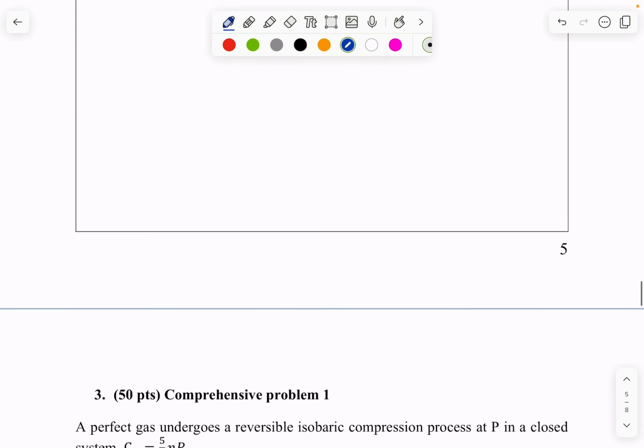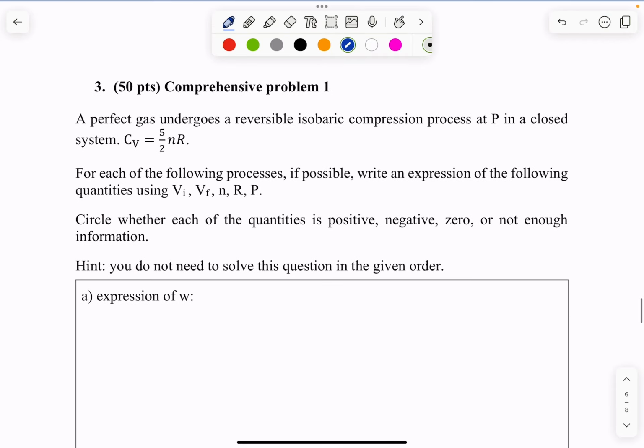All right, okay, now we're at 747. Moving on to our comprehensive problem. Let's read it together first. A perfect gas undergoes a reversible isobaric compression process in a closed system.